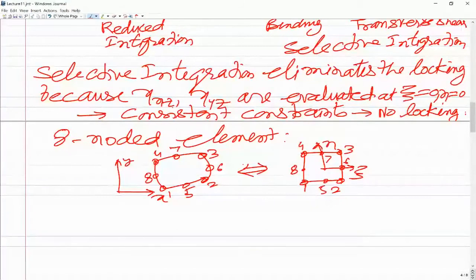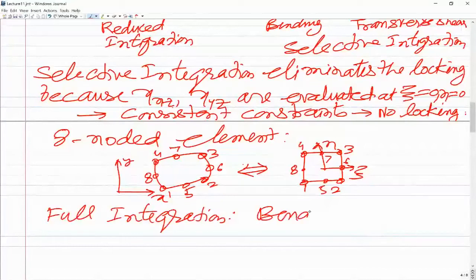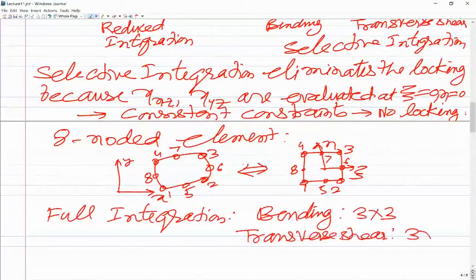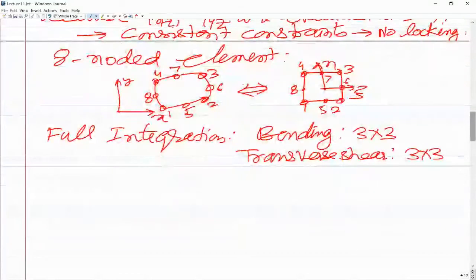In full integration, the bending stiffness term is evaluated using 3 by 3 integration, and the transverse shear stiffness term is also evaluated using 3 by 3 integration. So that is what we do in full integration.